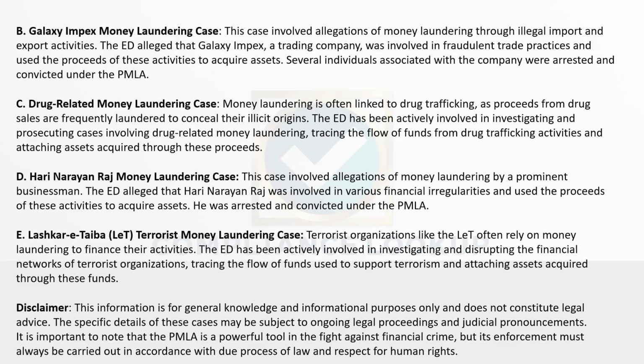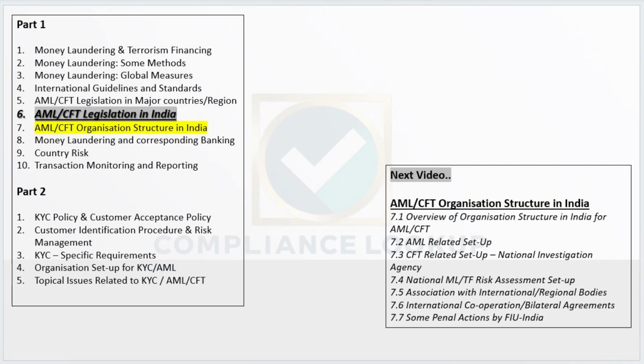These actions send a strong message about the consequences of money laundering, whether linked to corporate fraud, drug trafficking, or terrorism. The PMLA ensures that those who try to legitimize illicit wealth are held accountable, protecting the financial system from misuse. So, we have completed this chapter of anti money laundering and combating financial terrorism legislation in India.